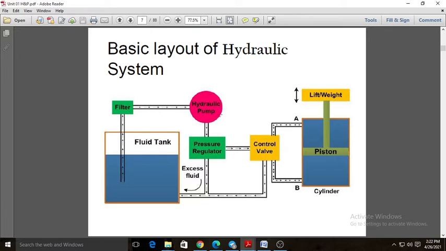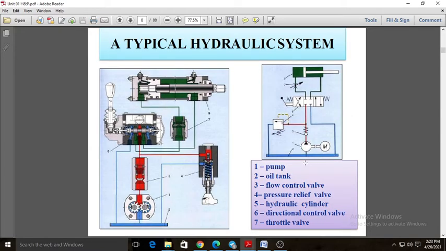Then this hydraulic pump is connected to the pressure regulator, which is like an extra accessory. Then it is connected to the control valve, and the control valve is connected to the piston and cylinder, which we have called the actuator many times. This actuator is the device which converts the energy of the fluid into useful mechanical work.